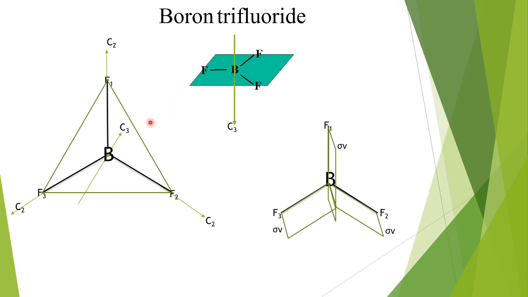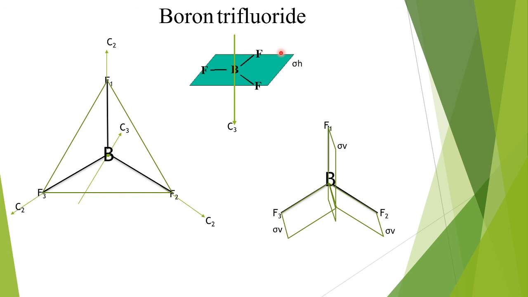This is our principal axis. So here you can see that this plane cuts the principal axis perpendicularly, at 90 degrees. Therefore, this plane is called the horizontal plane of symmetry and it is denoted as sigma H.